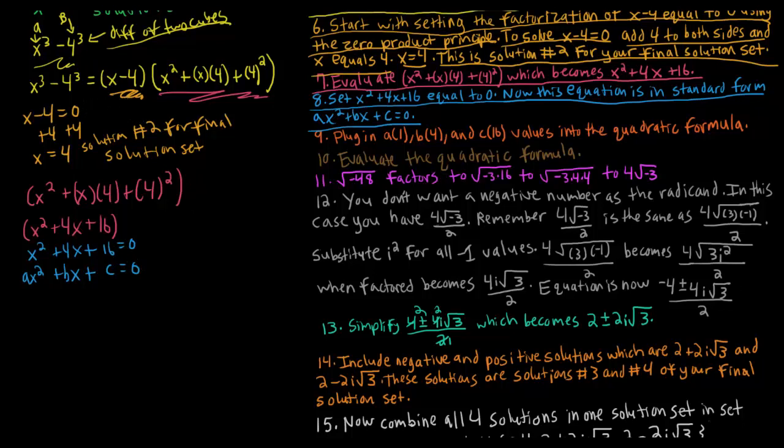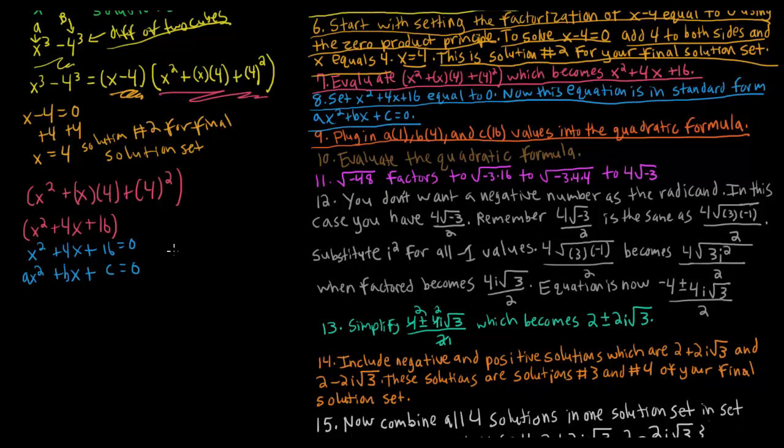Now for step 9, to continue factoring this trinomial, we want to go ahead and plug in the a value of 1, the b value of 4, and the c value of 16 into the quadratic formula.